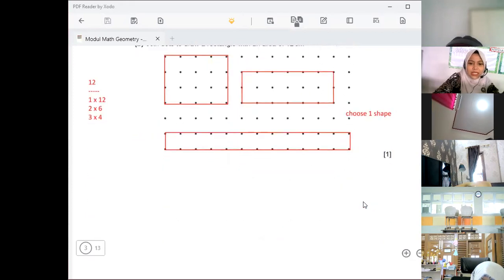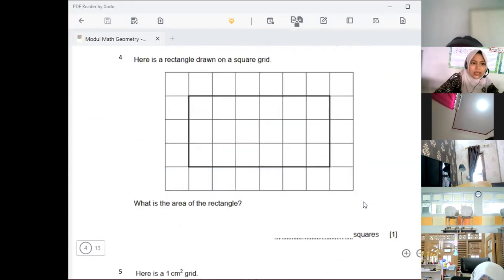Can we go next? This one, yeah. What is the area of this rectangle, class? What is the area of this rectangle? Ichat, 18.